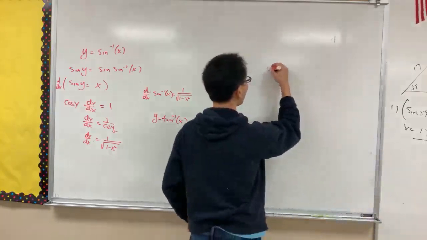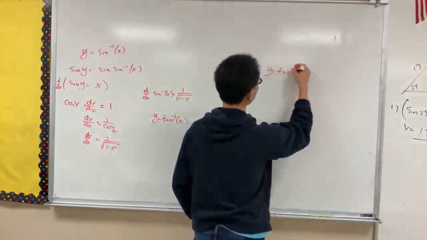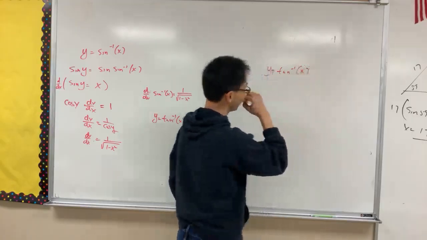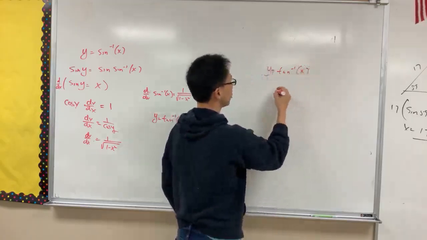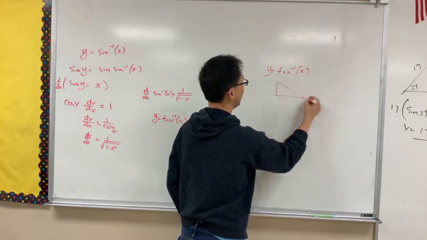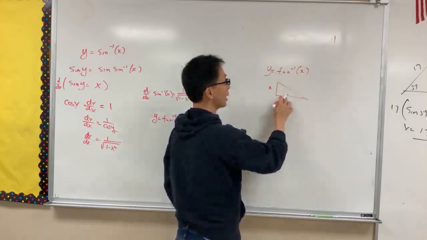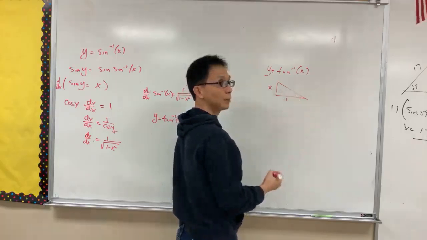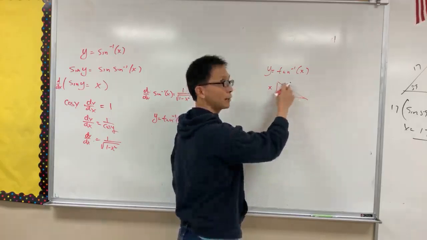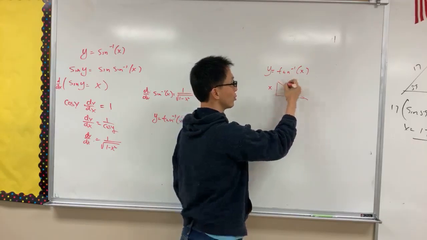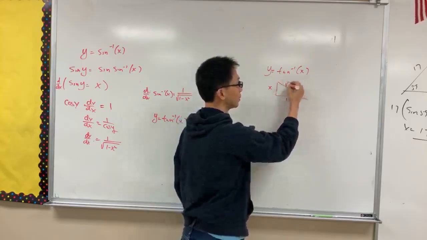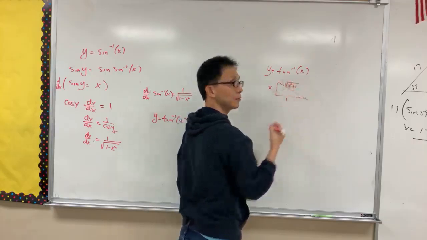So y is equal to tan inverse of x, right? So now I'm going to have a triangle. This side is the x. This side is the 1, right? So what's this side? Because you're adding them. Square root of x squared plus 1?